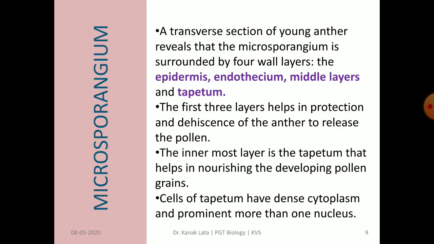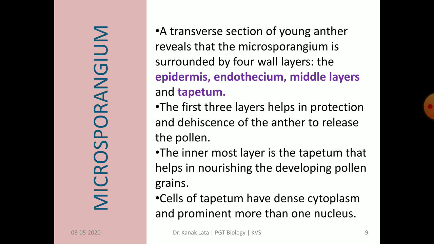Next topic is microsporangium. Microsporangium is surrounded by 4 wall layers. They are epidermis, endothecium, middle layer and tapetum. Epidermis, endothecium and middle layer of the microsporangium help in protection as well as dehiscence of the anther to release pollen grains.